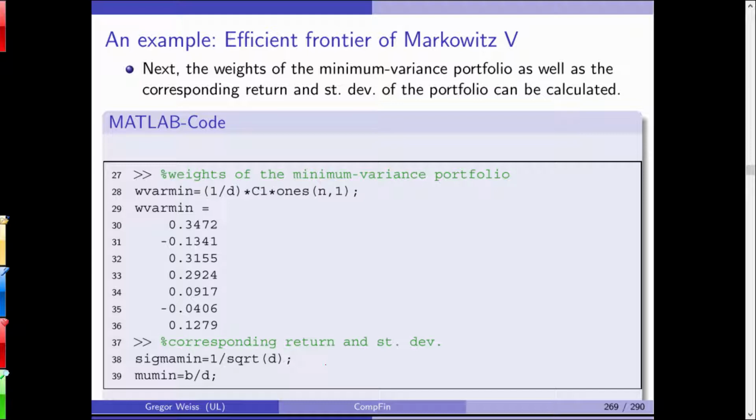And you can see those weights here: 34%, minus 13%, 31%, 29%, 9%, minus 4%, 12%. Actually, you can see that for 2 stocks, we have short selling. And the corresponding return and the standard deviation are sigma min and mu min, and you've seen this on one of the previous slides. Theoretically, it's just 1 over the square root of D and B over D.